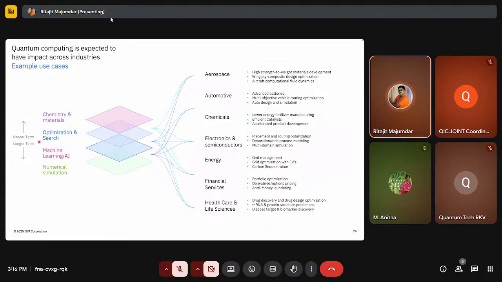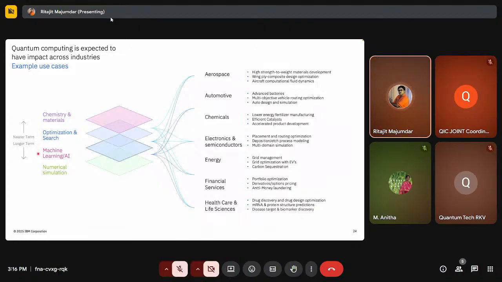Second, we have optimization kind of problems, the combinatorial optimization, the graph problems that we all see when we study computer science or mathematics. Irrespective of whether you are in computer science, mathematics, physics, or chemistry, these problems are very near term, and there can be near term solutions to this. These are hard problems, so they are more towards the longer term.